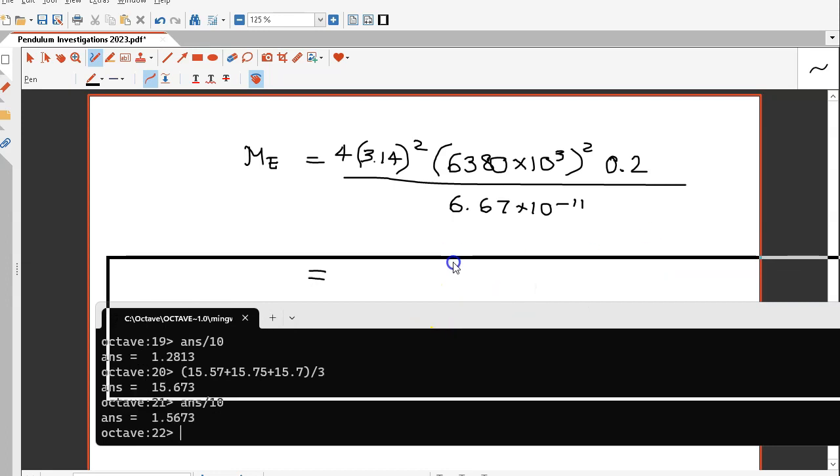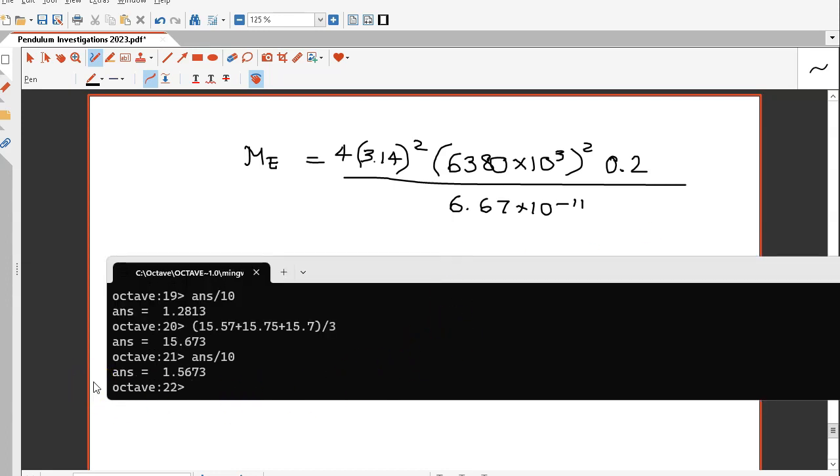So let's put that into a calculator, which can be quite tricky. So if you have one of those graphical calculators, certainly it might be easier. So that's 4 times 3.14 squared times 6380.